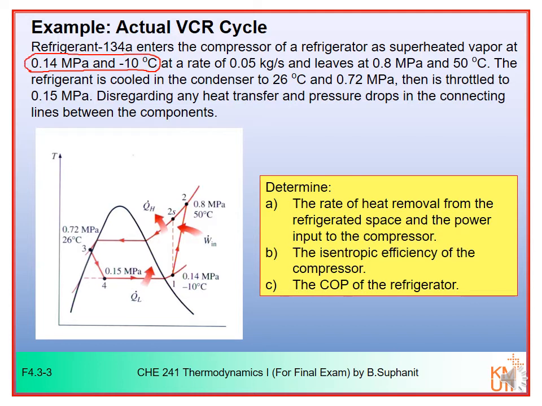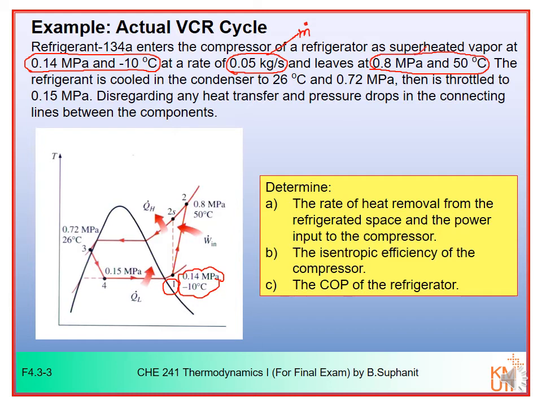So this is point number 1. This is a little bit superheated, at a rate of 0.05 kilogram per second. So this is m dot. And it leaves the compressor at 0.8 megapascal and 50 degrees Celsius.